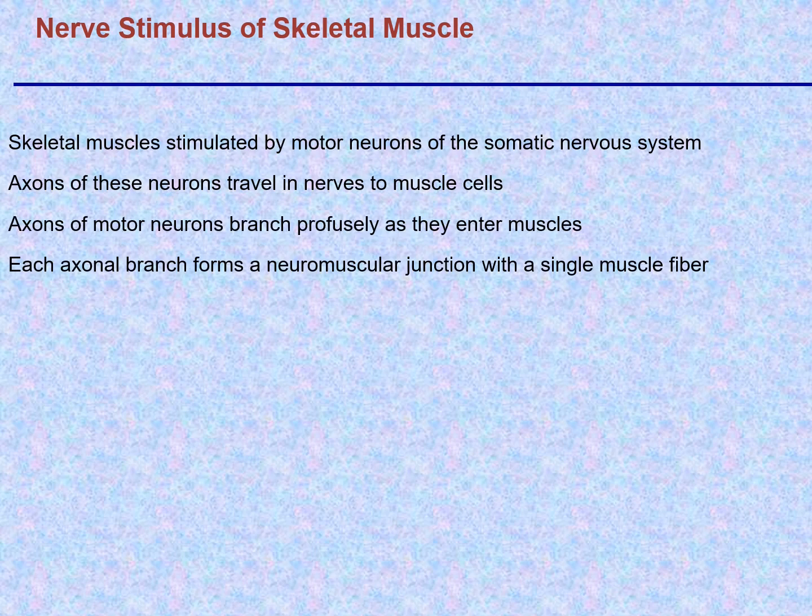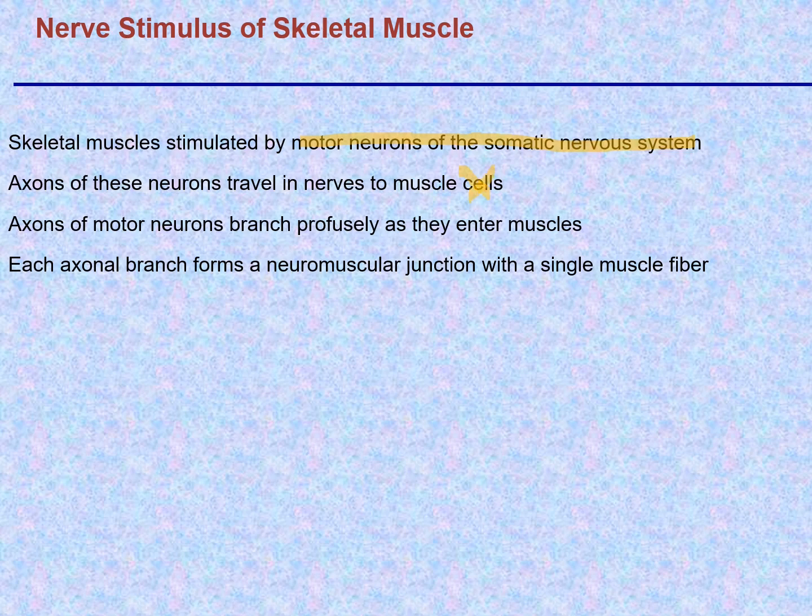So skeletal muscle fibers, as I said, are stimulated by signals from motor neurons of the somatic nervous system. The axons are present in the nerves that go down to the muscle fibers. Shouldn't say cells, should be skeletal muscle fibers always.